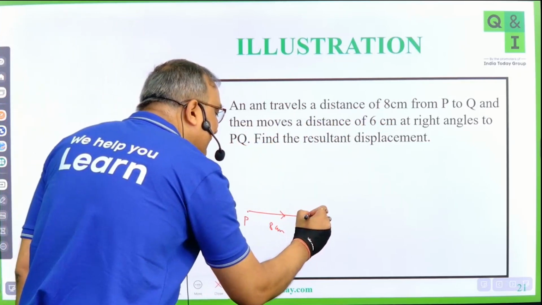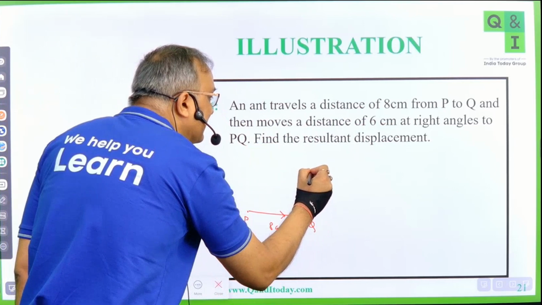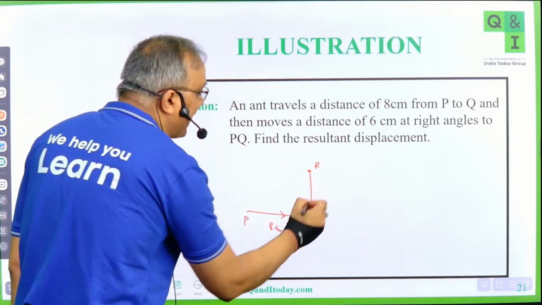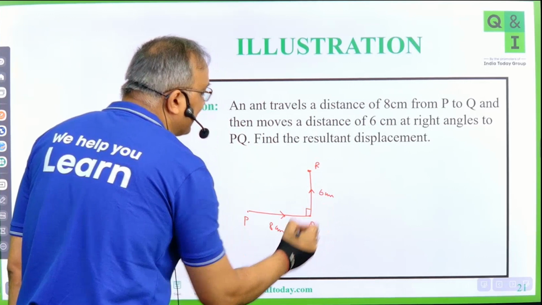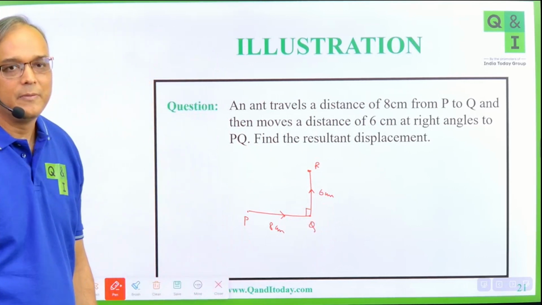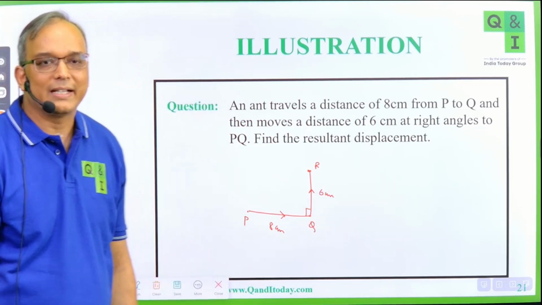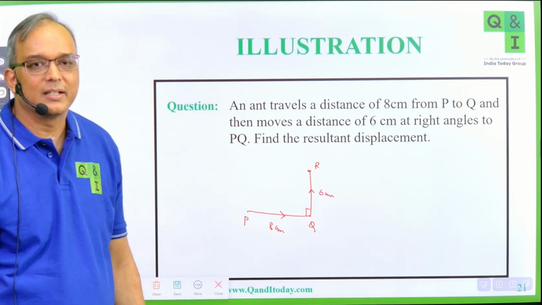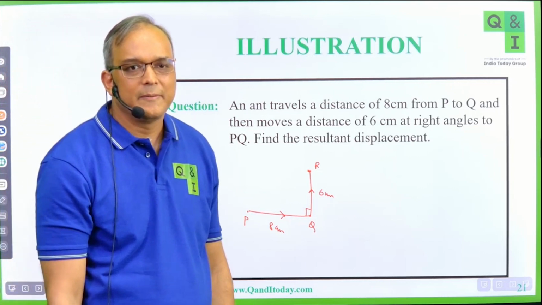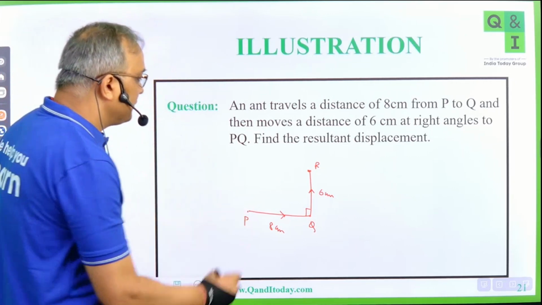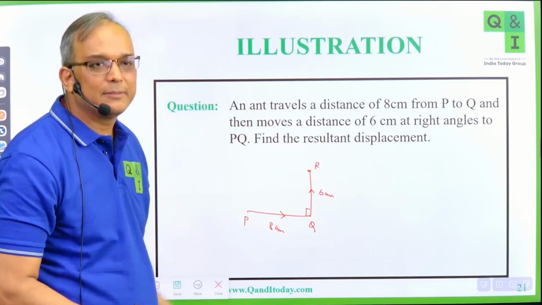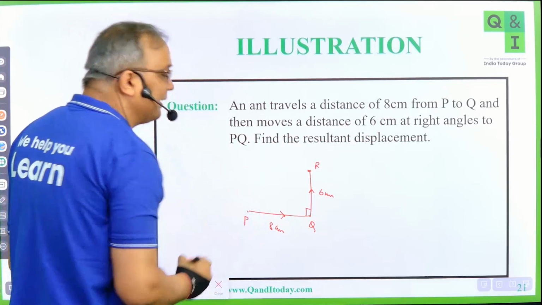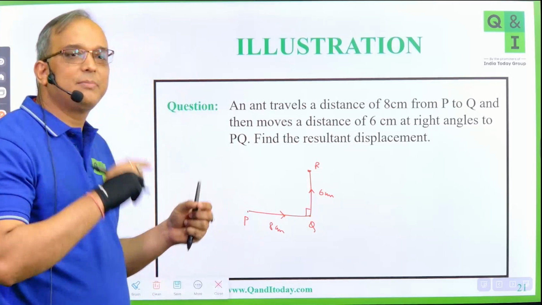So let's say it has moved and reached R, and the distance covered is 6 centimeter at right angles to PQ. Sanjeev, you are correct. The answer is 10 centimeter. Okay. So now, when we say the resultant displacement, you will have to find the shortest distance between initial and final position.